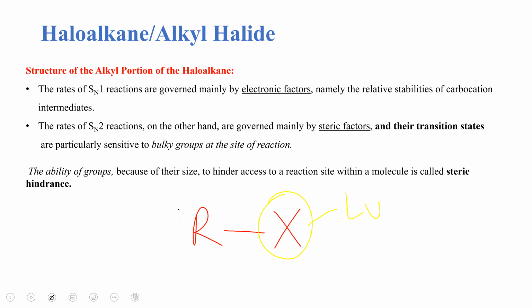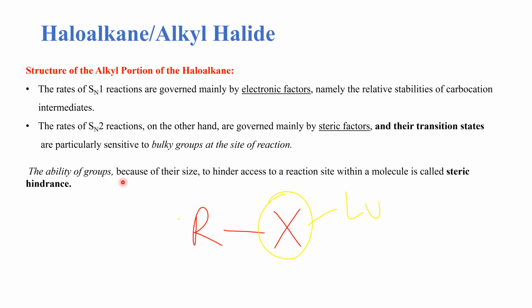And now our concern is to talk about this R group, and how its structure is determining whether the reaction goes through the SN1 mechanism or the SN2 mechanism.